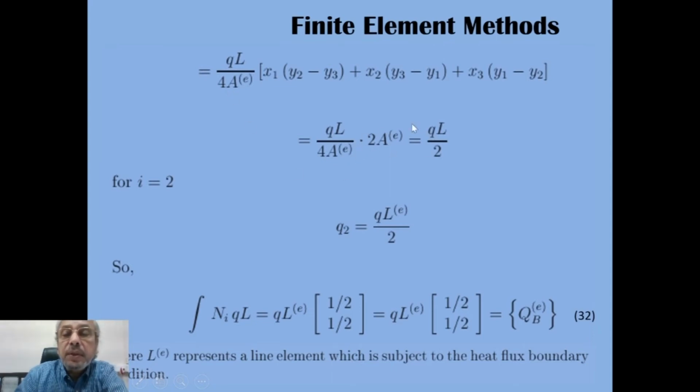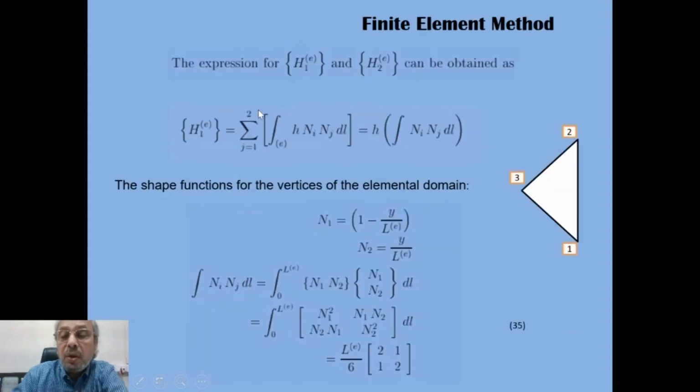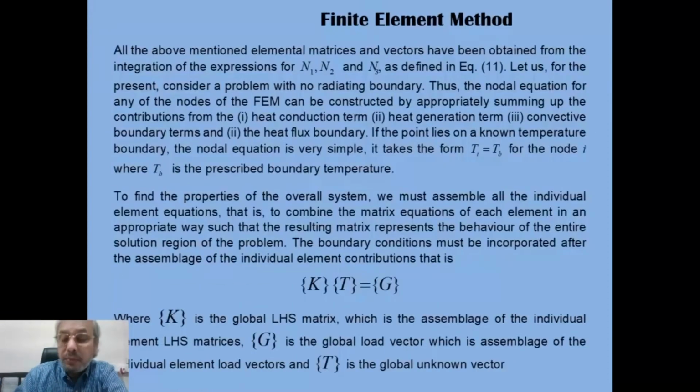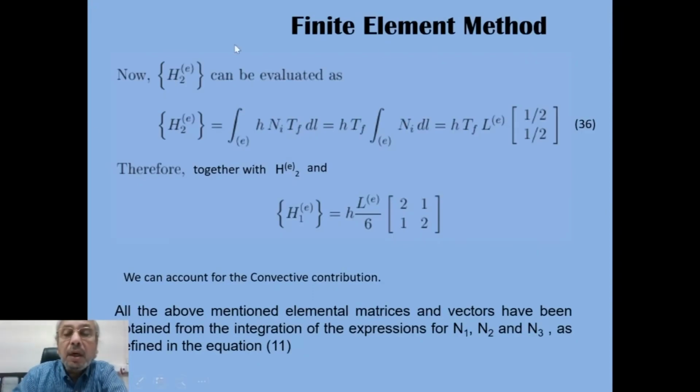So basically we get the value of this integration as half. So here also we perform a similar integral, H Tf L we get outside the array, and within the array we get half and half.